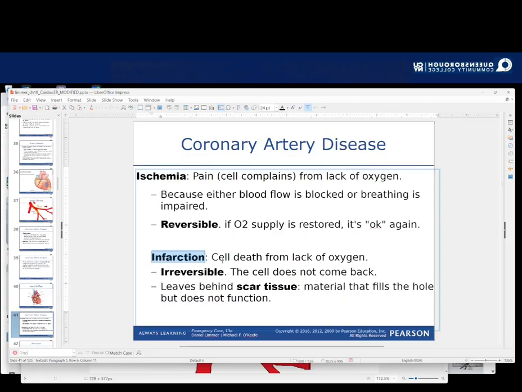Can you have a non-cardiac cell, like a lung cell or a foot cell or a hair cell, die from lack of oxygen? Yes, they can be infarcted too, but those tend not to be life-threatening.